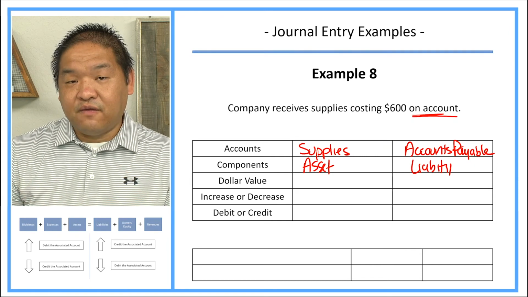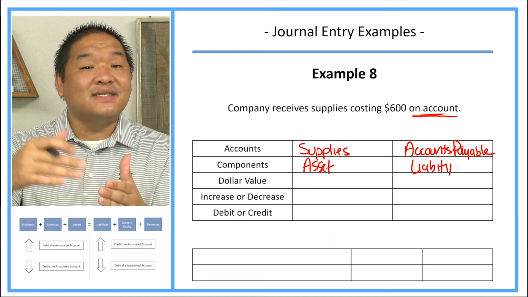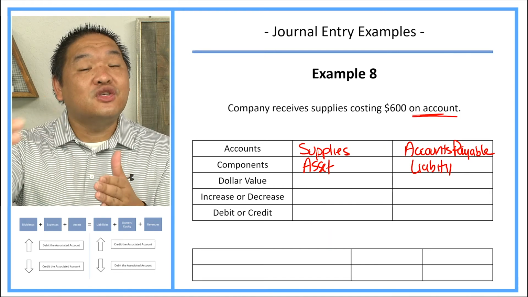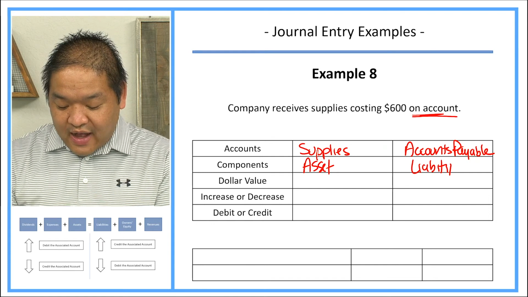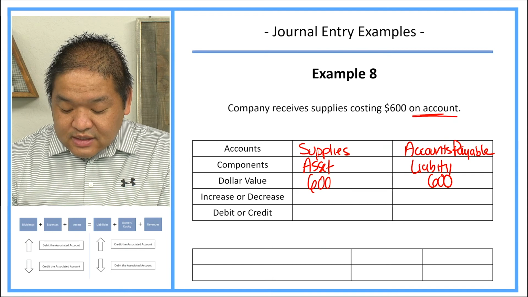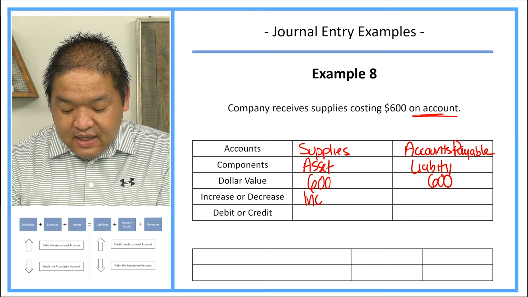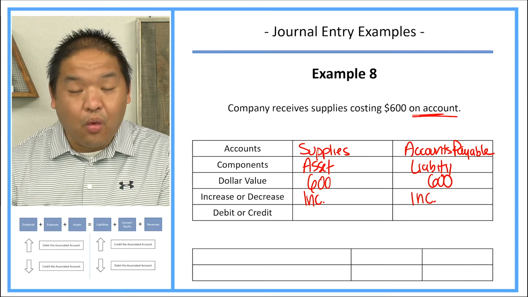So if we were to go very basic here, supplies is an asset, then supplies expense is the expense. We move it to supplies expense when we use the supplies. All right, so we've got that there. Dollar value is $600. Supplies are increasing because I'm getting it. Accounts payable liabilities is increasing because I owe more.